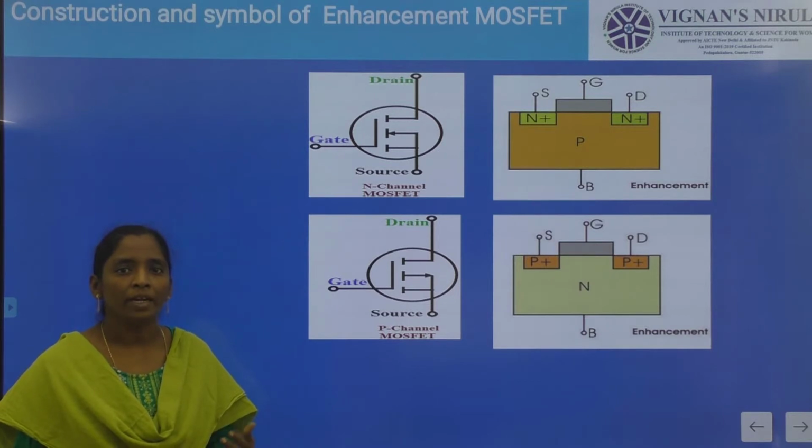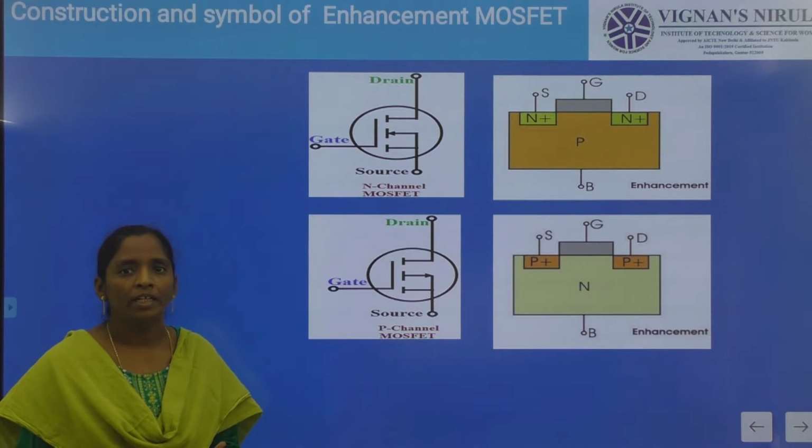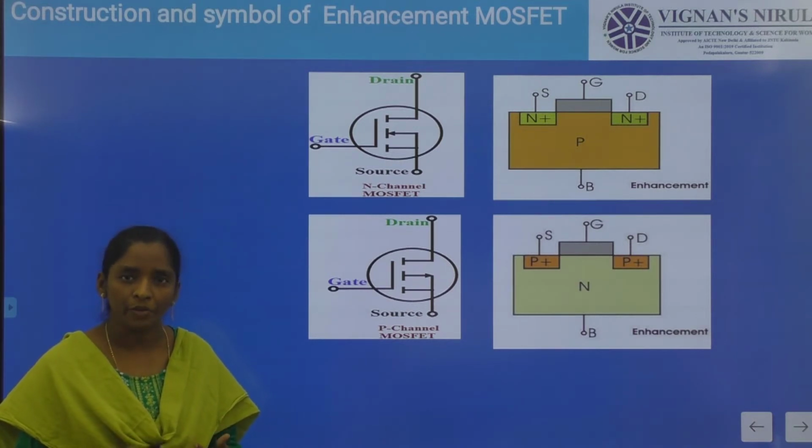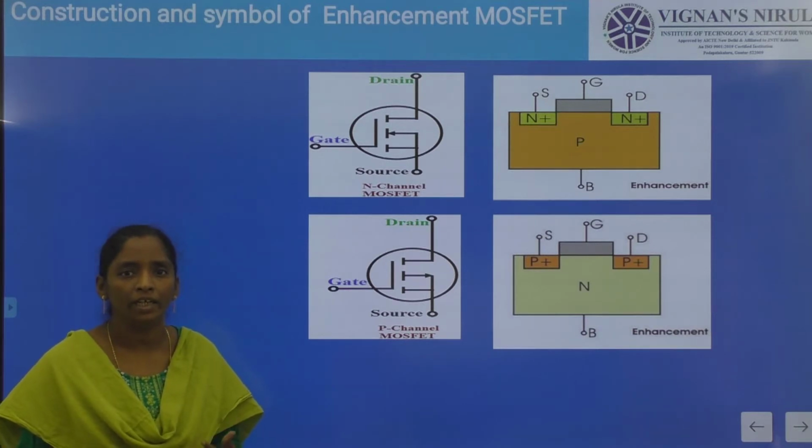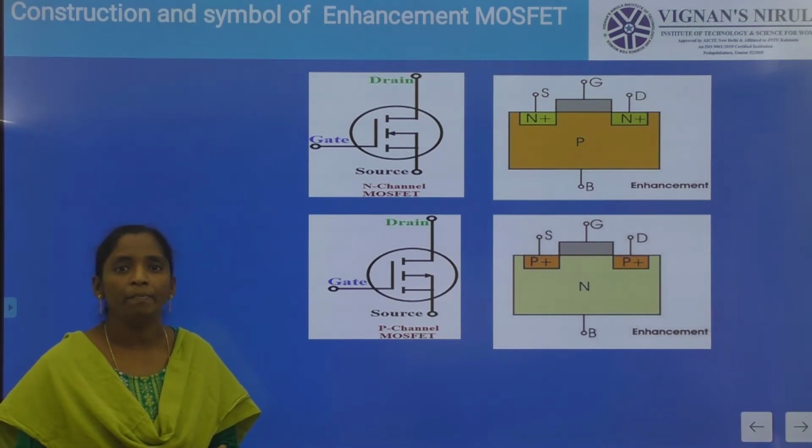After applying the electric field, the number of majority charge carriers will reduce. Depleted means reducing the majority charge carriers. So this is called the MOSFET operating in depletion mode.